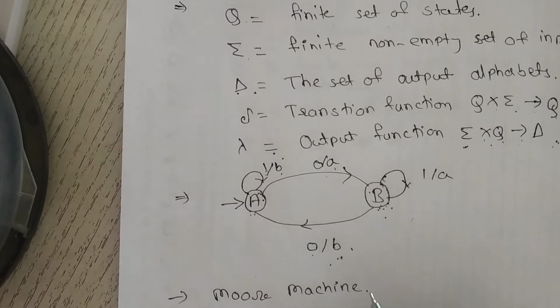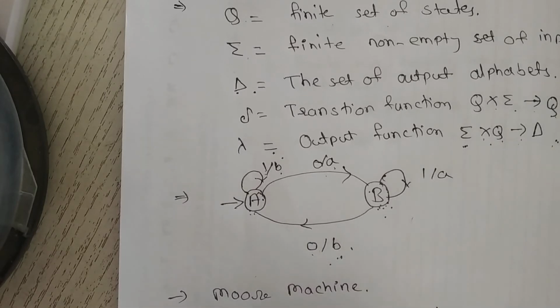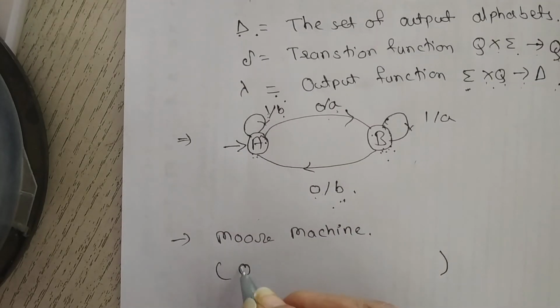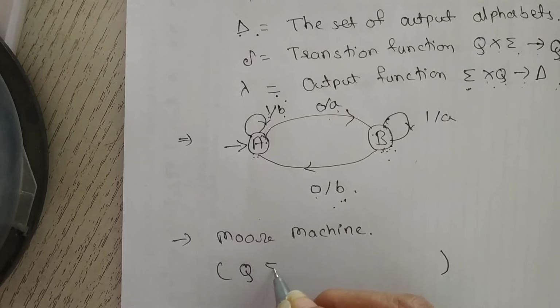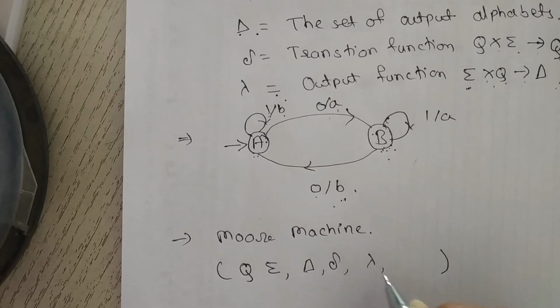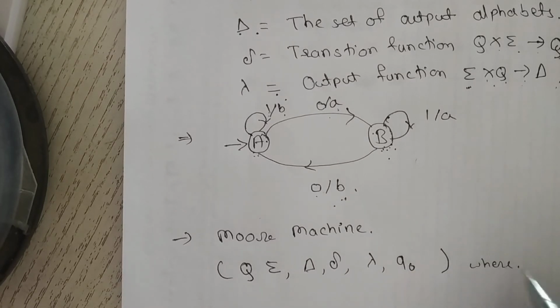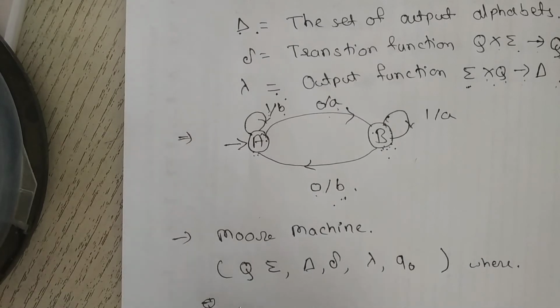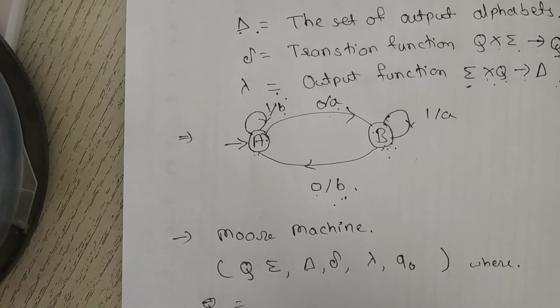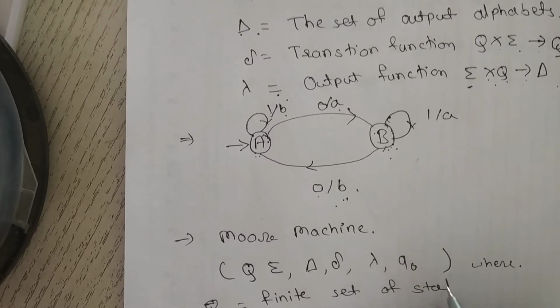Now let's see, there are also 6 tuples, mentioned here: Q, sigma, delta, del, lambda, then Q0. We already know those things, but we will see them again. Q is a finite set of states, correct?